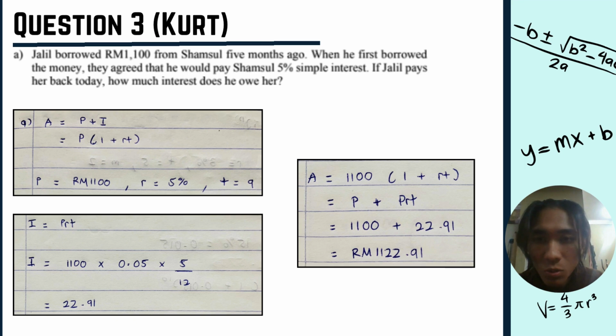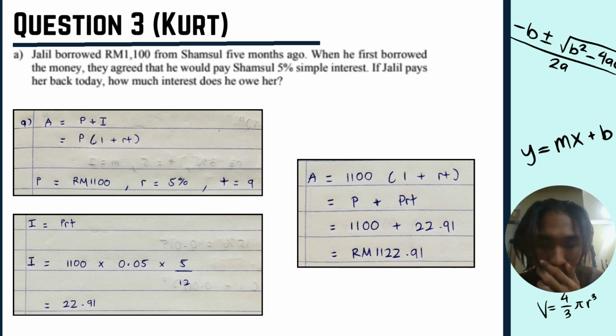Okay, to solve question A, first we use this formula, which is A equals P plus I, and then you multiply P by 1 plus RT. So the P is 1,100, and the R is 5%, which is the rate, and the T is 9 years.